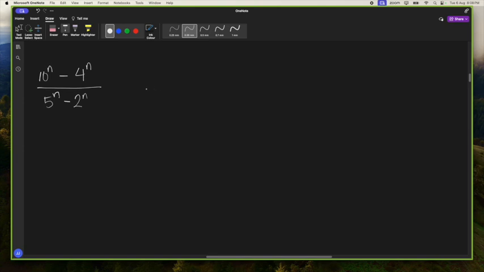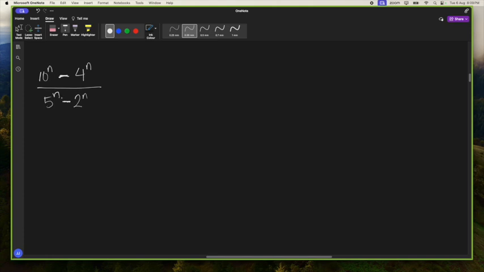All right, so check this out. I can't really cancel anything here though. First of all, the minuses here mean that I can't go and try to cancel 2 into 4. I can't try to cancel 5 into 10.